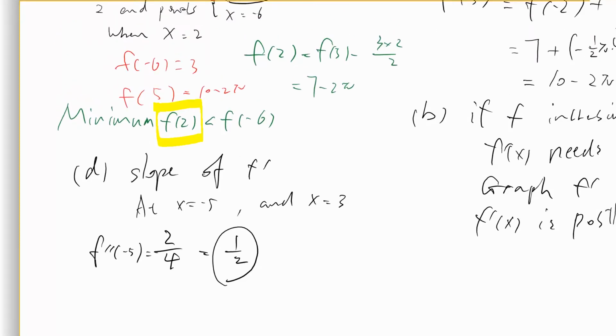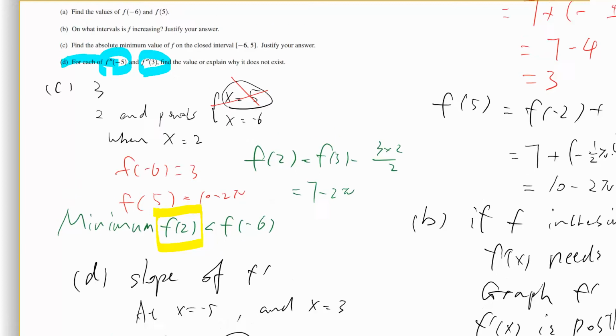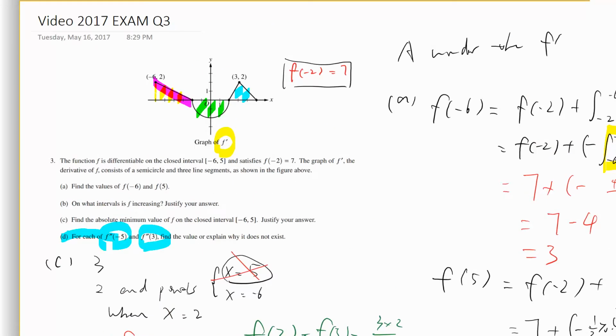And when we look at x equals 3, it is interesting to see that we actually have a corner where this function is not differentiable. So the function f is not twice differentiable at x equals 3.